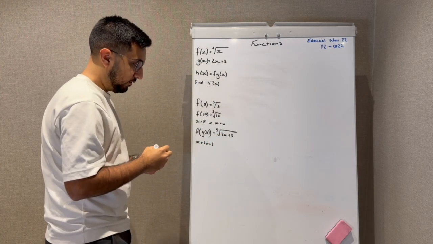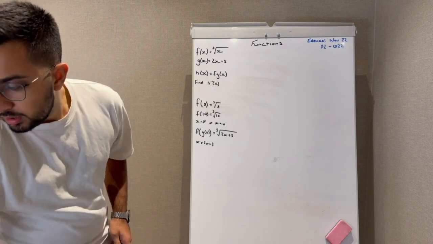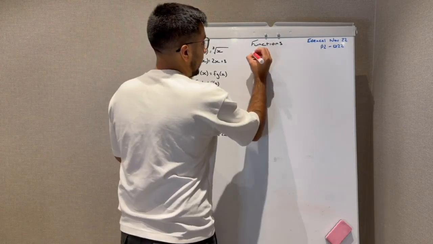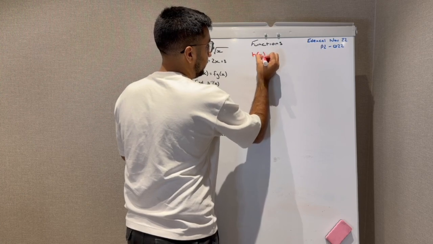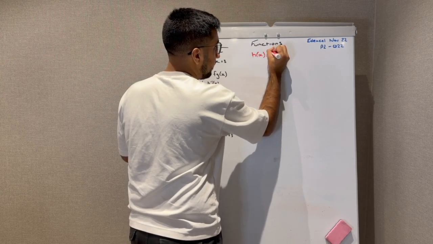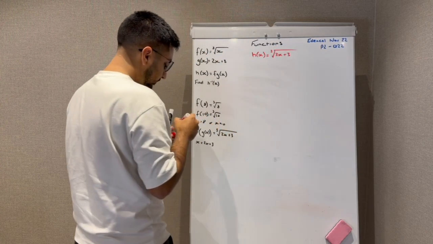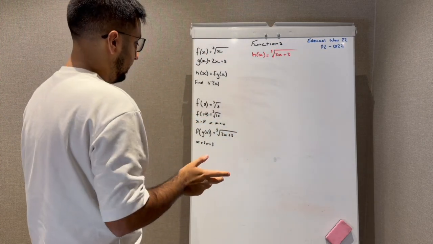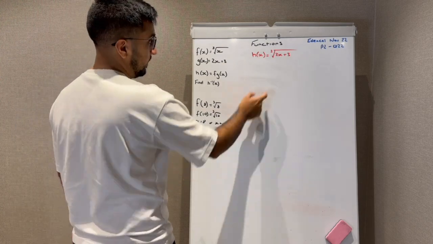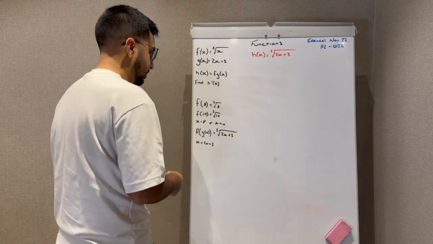You now have fg of x, which means h of x has been found. Alright, step 1 done, which means obviously step 2 done as well.